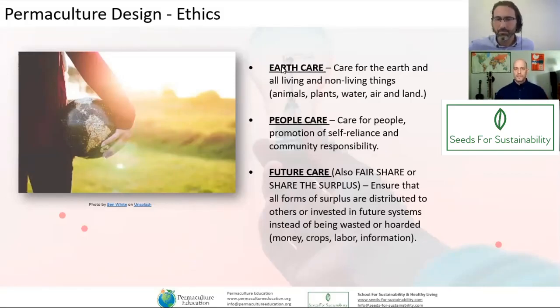So with permaculture: earth care, people care, future care. And you can see the list there. We have some other examples of each of those, but these are the things that we have in the back of our mind when we're designing with permaculture. And it could be anything, like I said.